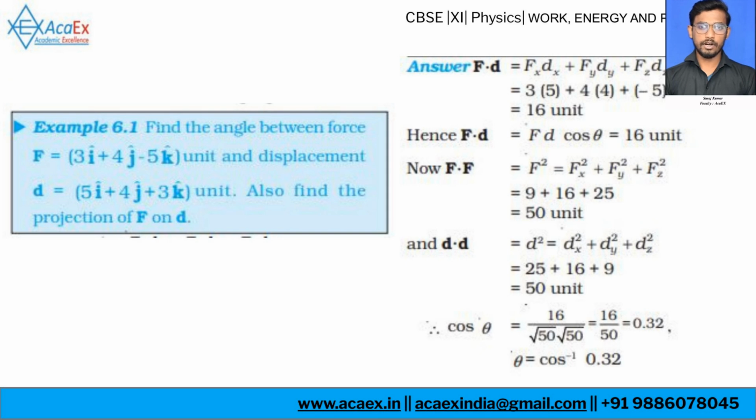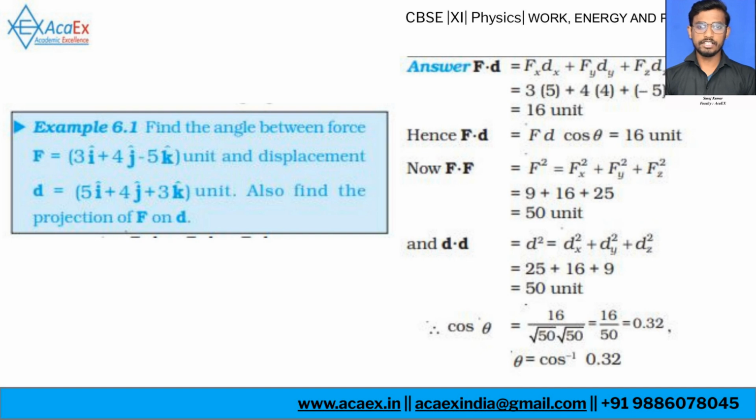Example 6.1. Problem: find the angle between force F equals 3i hat plus 4j hat minus 5k hat unit and displacement d equals 5i hat plus 4j hat plus 3k hat unit. Also find the projection of F on d.